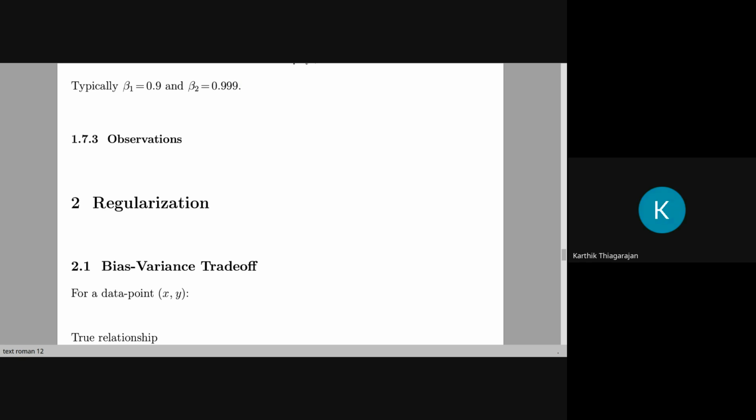Basically, the professor is trying to motivate Adamax and compare Adamax and Adam. I'm not quite sure about the calculations there. In V naught, the professor has done V0 divided by 1 minus beta 2 raised to the power 1, when it should be beta 2 raised to the power 0. So I'm a little confused over there.